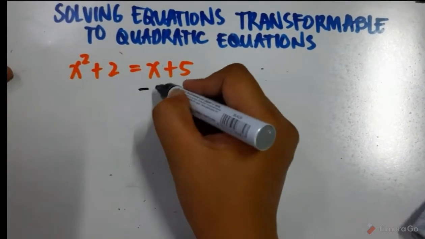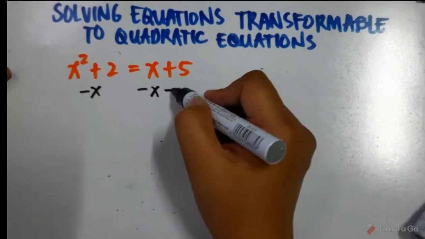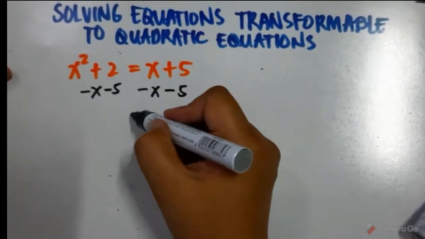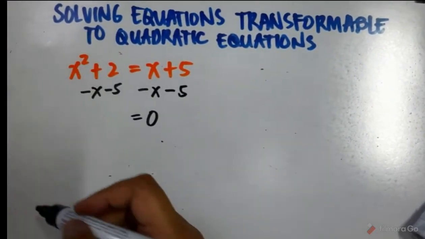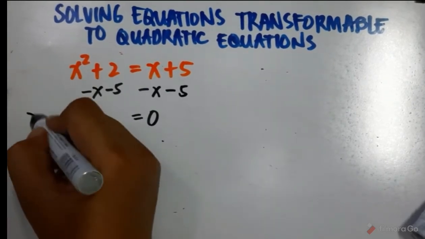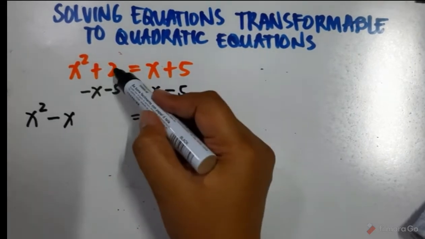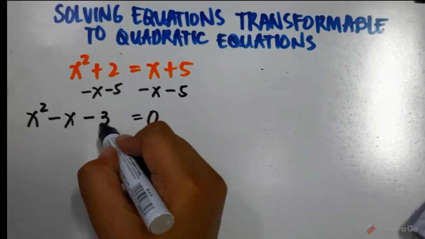So we subtract x here and we subtract 5 to make this equal to 0. Now we are going to write this as a trinomial: x squared minus x, and positive 2 and negative 5 is negative 3.